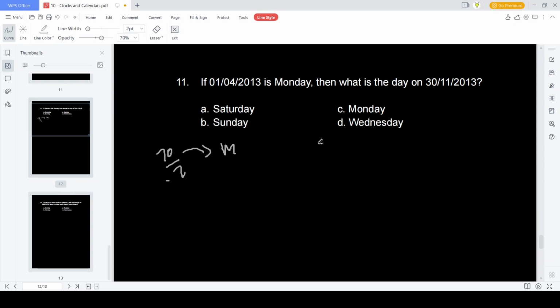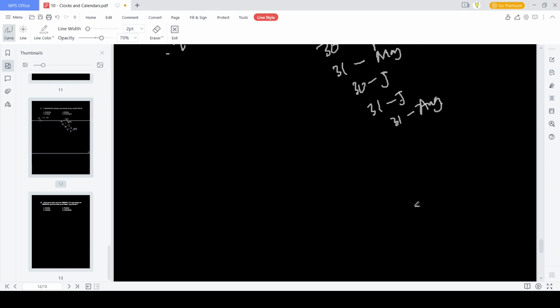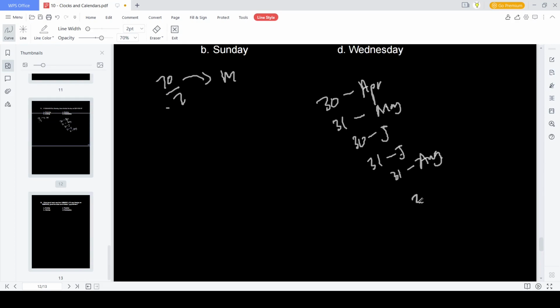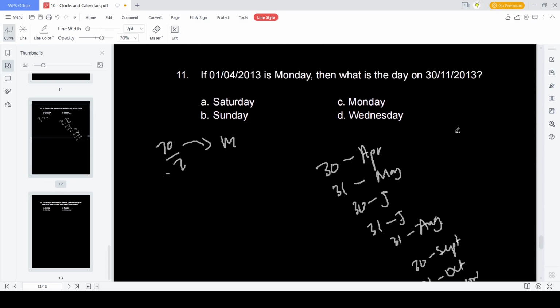See, in April there are how many days? 31, 30, 31, 30. So there are 30 days in April. Then there are 31 in May, 30 in June, 31 in July, and 31 in August, and then 30 in September, 31 in October, and 30 in November, but we won't cross this 30.